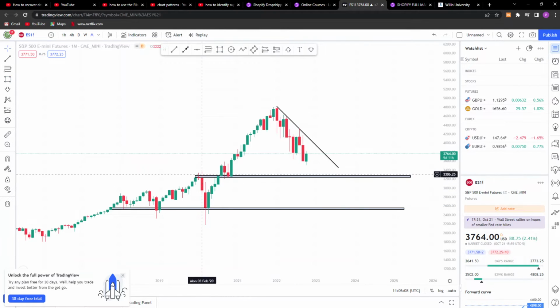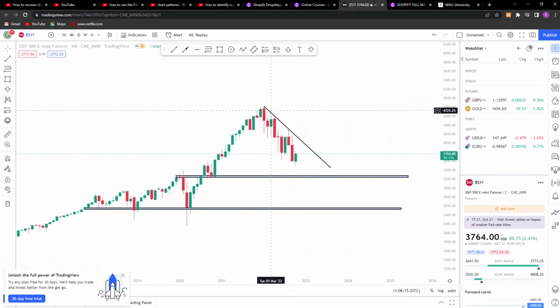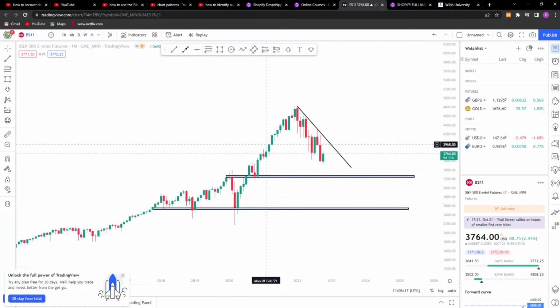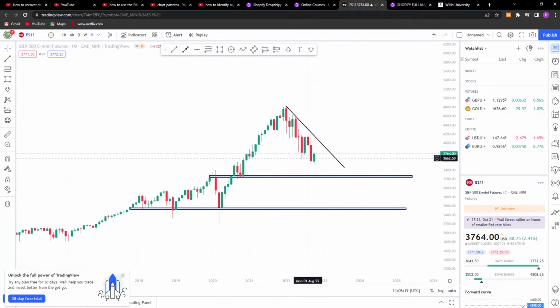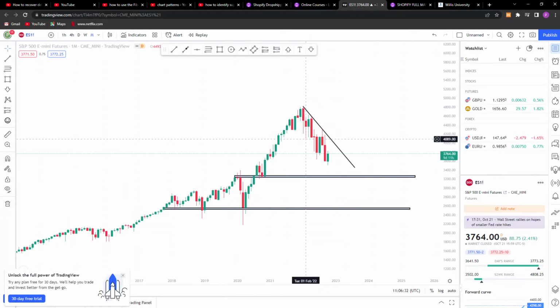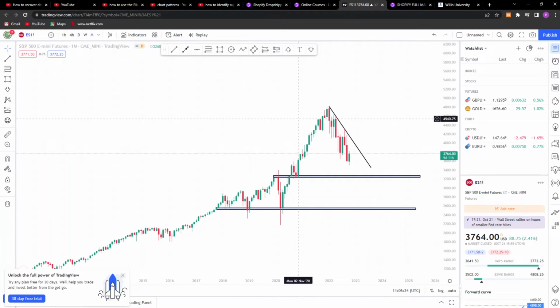Price tested here, pushed back down, came above here, broke out, tested here, respected it, and pushed up. So basically, these are the two most effective zones. I know for a fact price is going to test this zone, and then maybe move to the upside or break it. So that's it for S&P 500. Now is there any other thing?